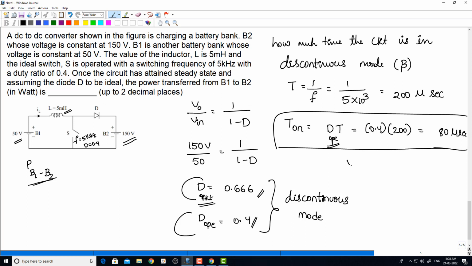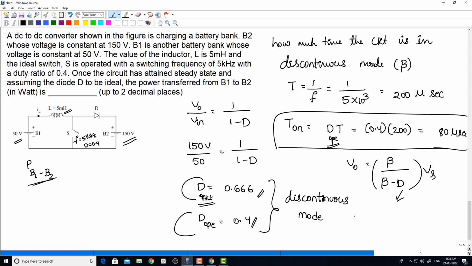Beta is given by V0 equal to beta by beta minus duty ratio into Vs. The duty ratio is 0.4, because the circuit is operating at 0.4.